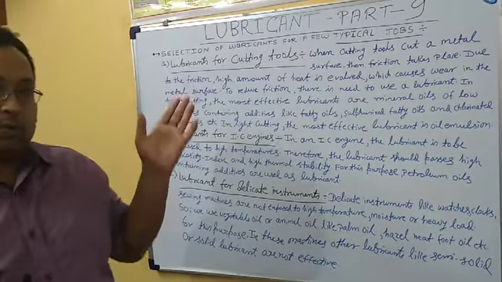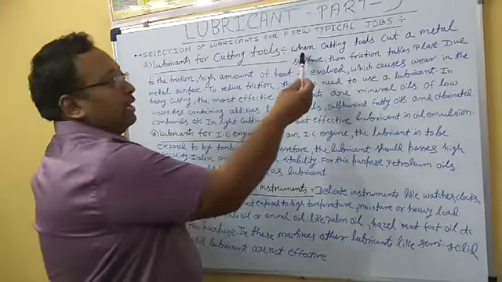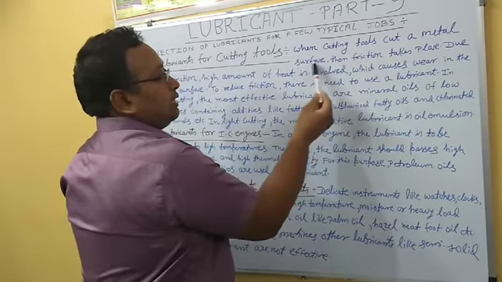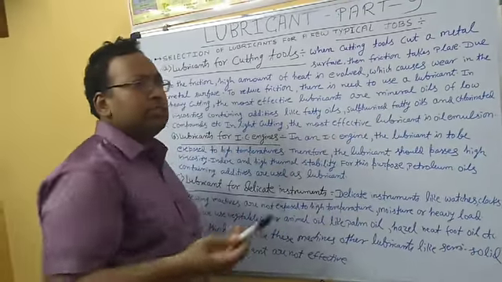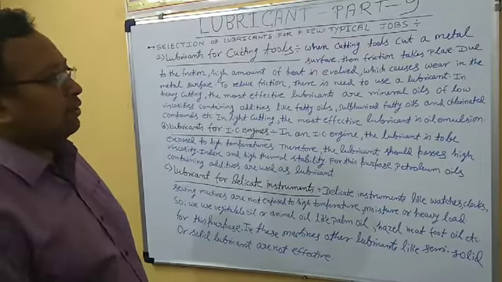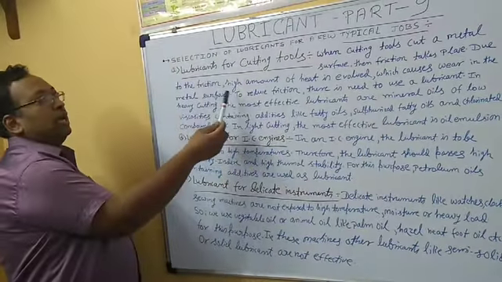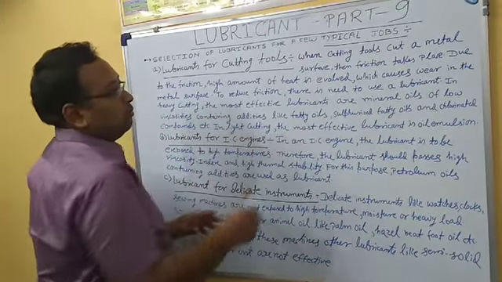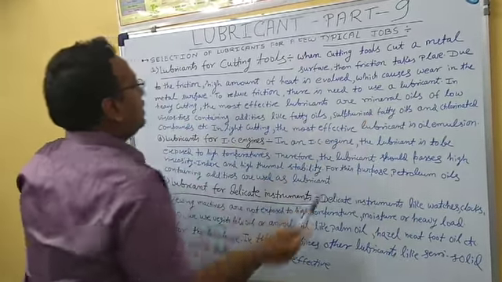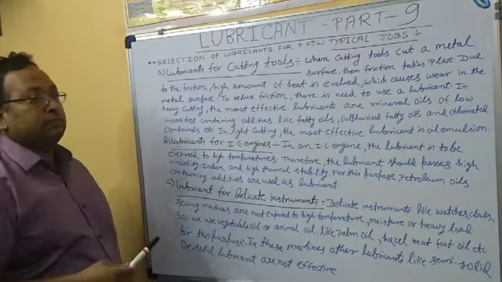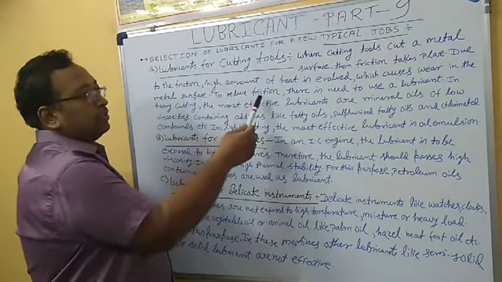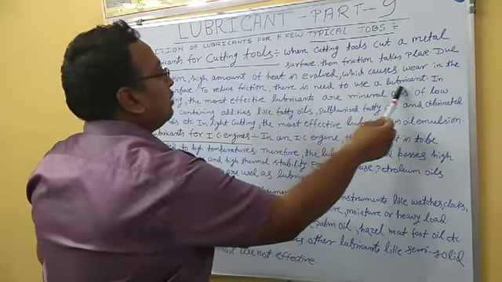So let us see on the board. When cutting tools cut a metal surface, then friction takes place. So this is an obvious matter. Due to the friction, a high amount of heat is evolved, which causes wear in the metal surface. To reduce friction, there is need to use a lubricant.